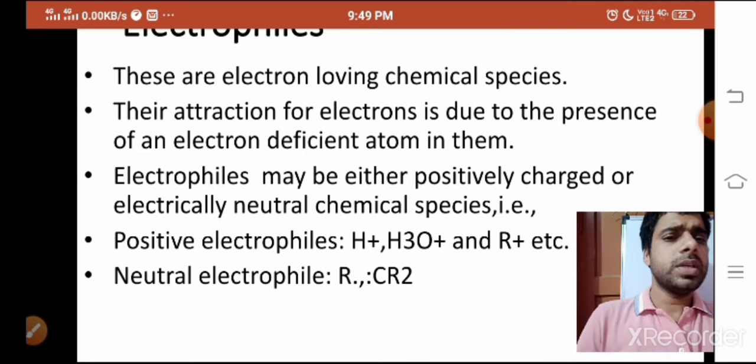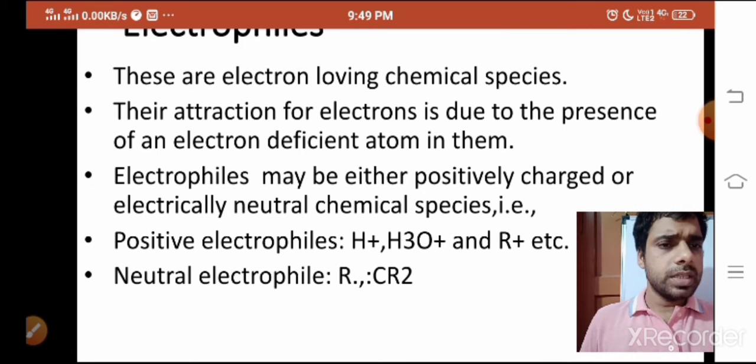H plus and H3O plus, as you can see, do not have electrons.